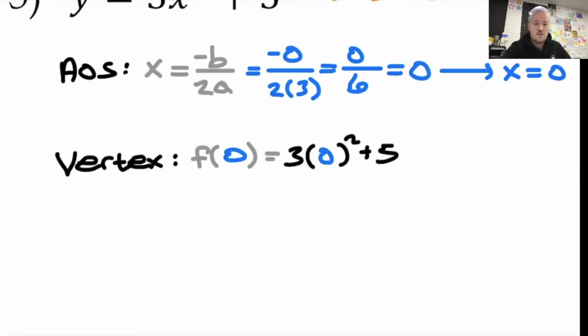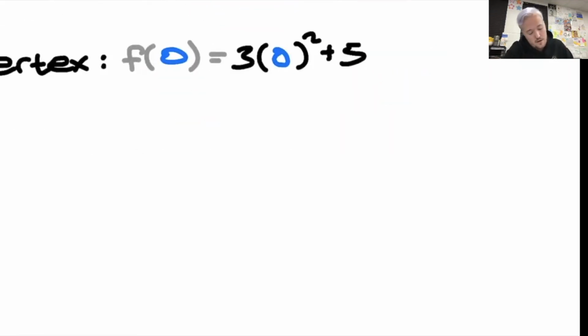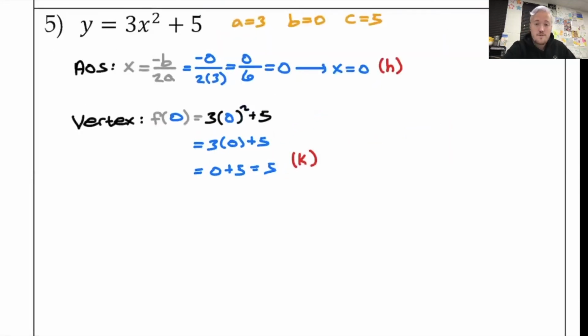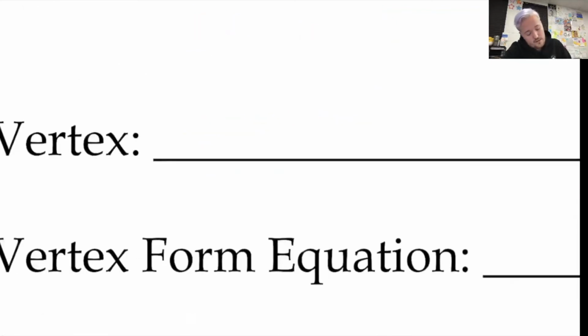I'm going to do this one by hand. Hopefully this one's not too bad. So 0 squared is just going to give you 0, plus 5. And anything times 0 just gives you 0. So 0 plus 5, which gives you 5. And this one is your k value. So your vertex here, h comma k, is 0 comma 5.